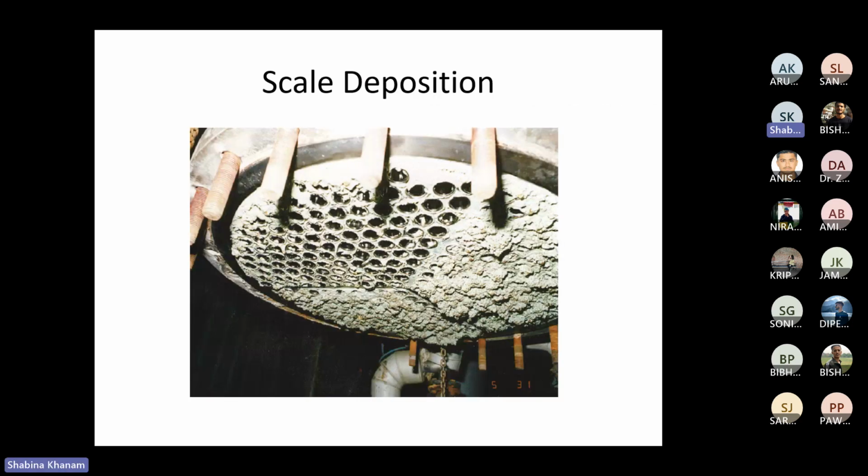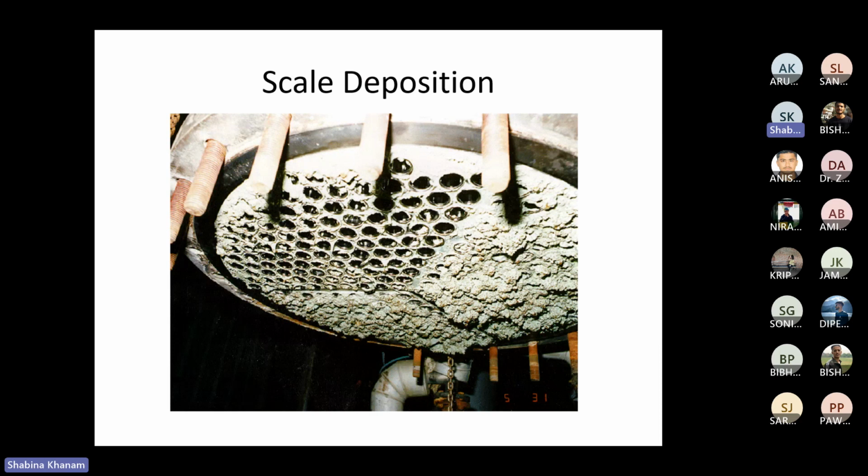And if you observe the scale formation, it looks very dirty, and that scale deposition means the fouling condition. This is when material is deposited. So we need to carry out regular maintenance to remove all this, and for that some chemical and mechanical treatments are done in tubes.